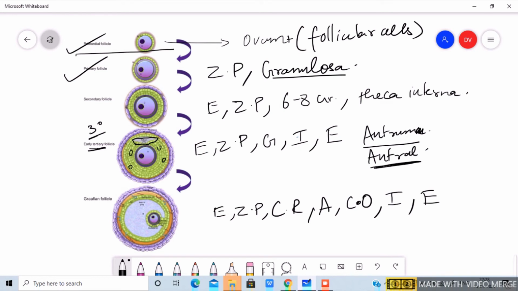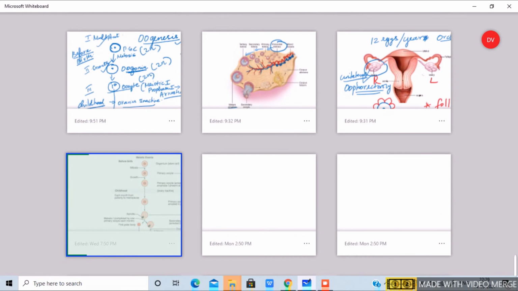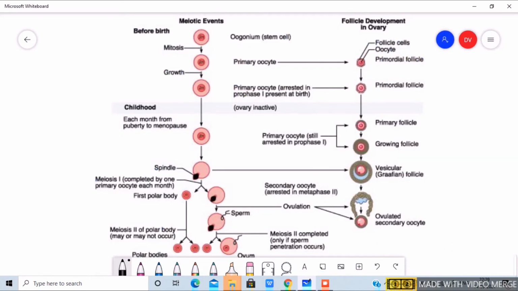So beautiful, guys. Look at what are the things happening inside the ovary, right? Now look at this picture. Everything will be clear. Now come on, let us learn both of the things simultaneously, the oogenesis and the follicular development. Alright guys, before birth, in case of oogenesis, the primary germ cell is converted into oogonia by mitosis.